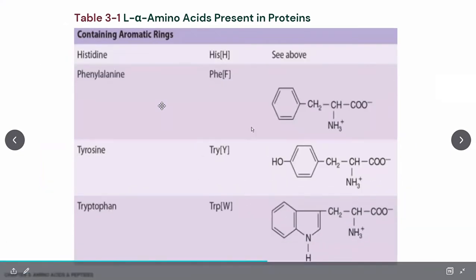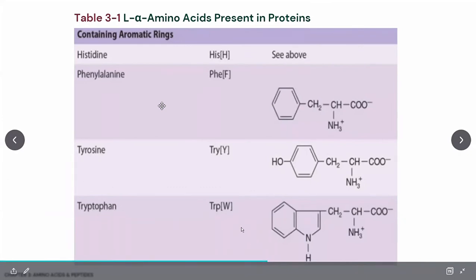And we have here all aromatics: phenylalanine, tyrosine, and your tryptophan. So these are all hydrophobic. Okay.